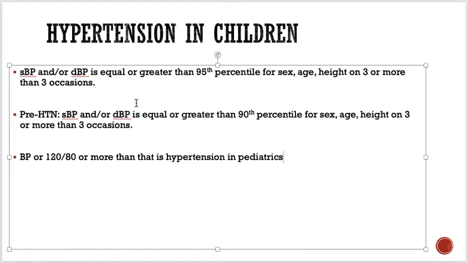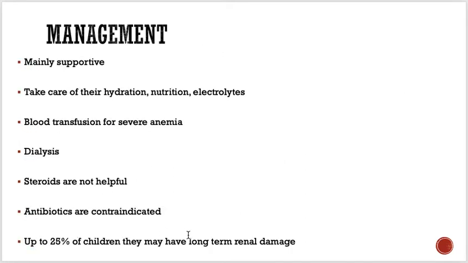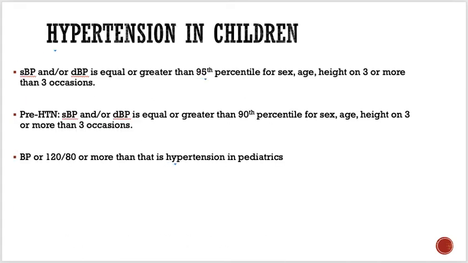Why I started this topic is because, as I told you, up to 25% go into long-term renal damage, so they present with hypertension. This will be the secondary cause of hypertension, because in kids, whenever we talk about hypertension, we classify it as primary or secondary, and the secondary one has a lot of causes.